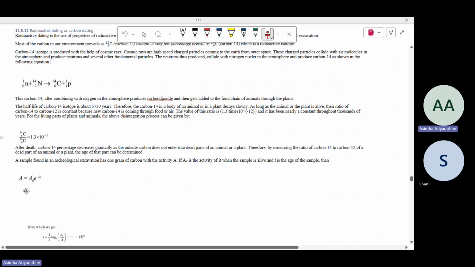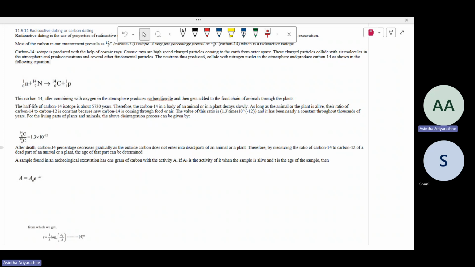This ratio is constant throughout the lifespan of an animal. But after death, the carbon-14 isotope would decay. The carbon-12 isotope is stable, so it would remain there, but the carbon-14 isotope would decay over time.